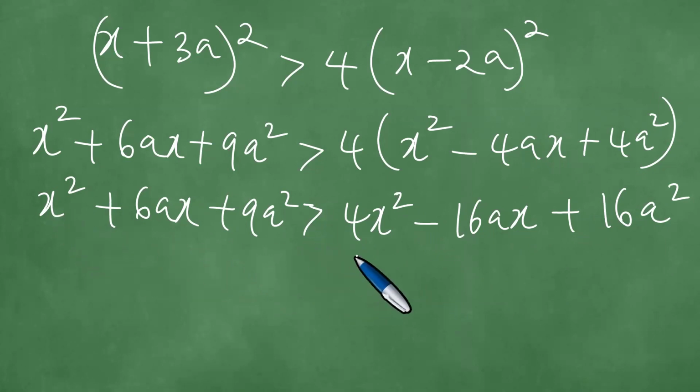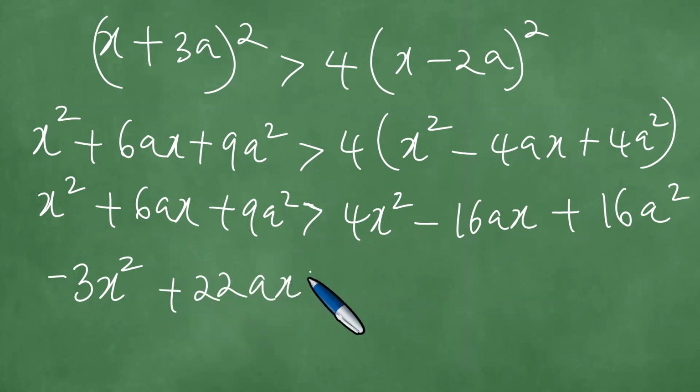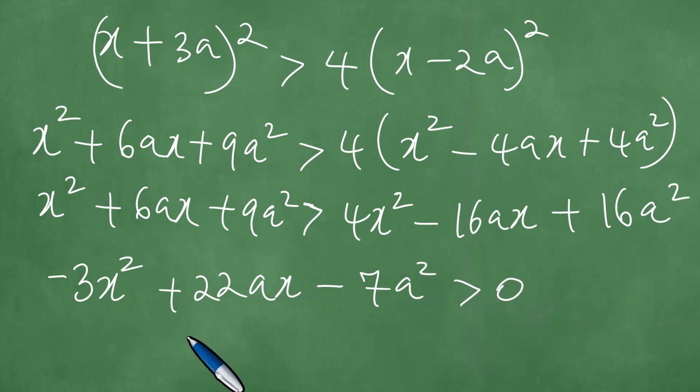So if you have x squared, you can bring the 4x squared to the other side, giving us minus 3x squared. 6ax plus 16ax will give us plus 22ax. 9a squared minus 16a squared is minus 7a squared. And this is greater than 0.